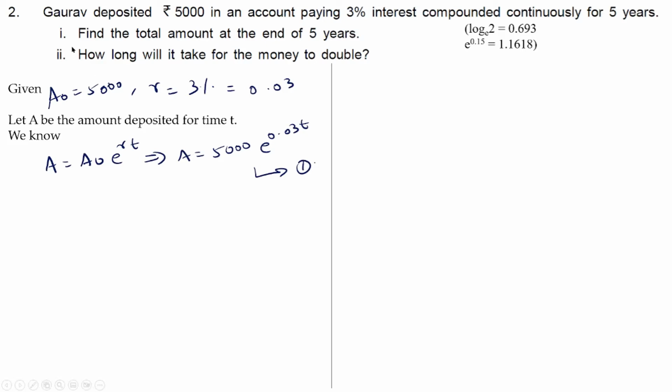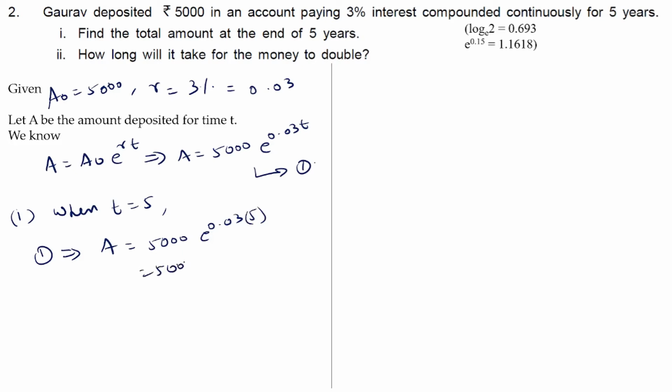Now let us do the first subdivision: find the total amount at the end of 5 years. When t equals 5, equation 1 implies A equals 5,000 into e raised to 0.03 into 5, which is 0.15.